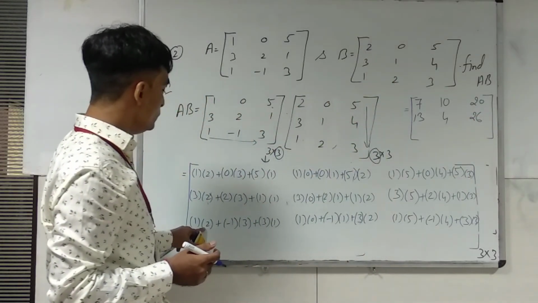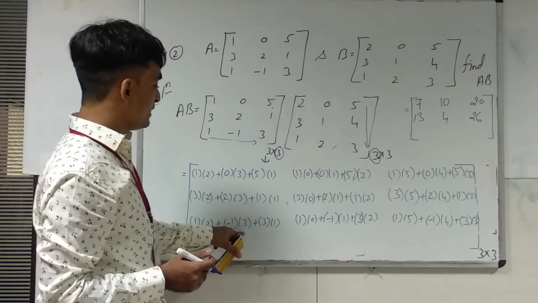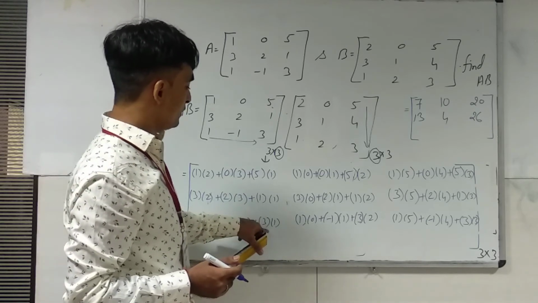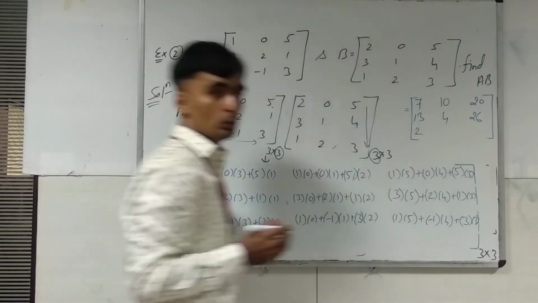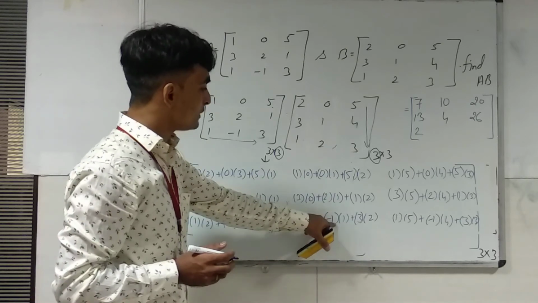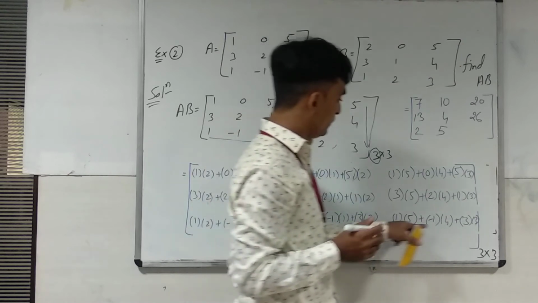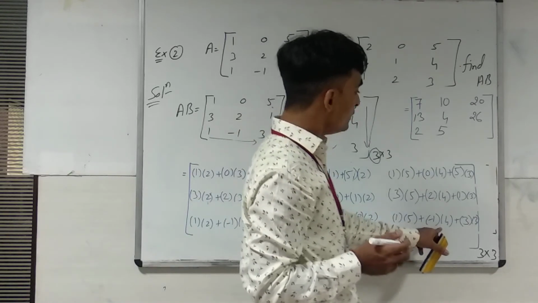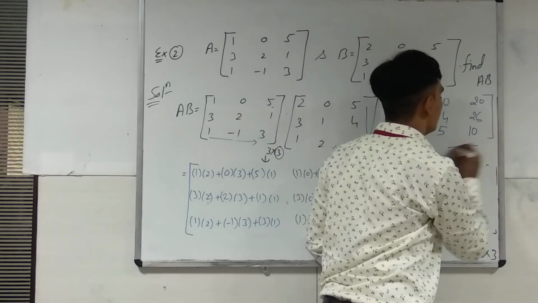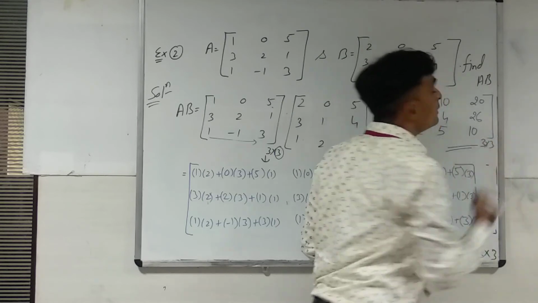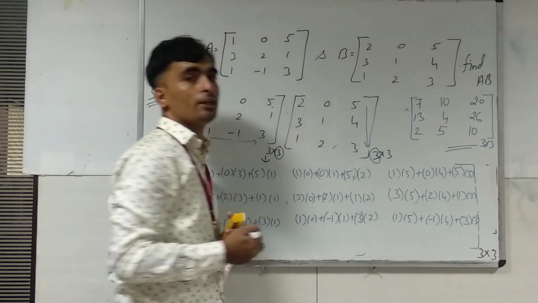And this one, 2 minus 3 minus 1 plus 3, 2. 0 minus 1 is 5. 5 minus 4, 1, 9, 10. This is your answer. So see here, the resulting matrix order is 3 cross 3.